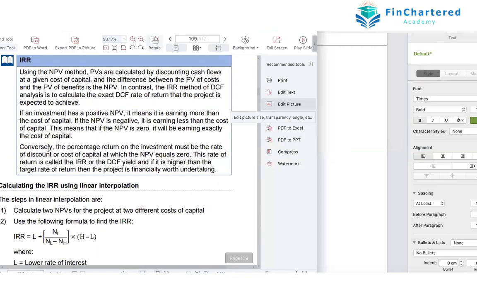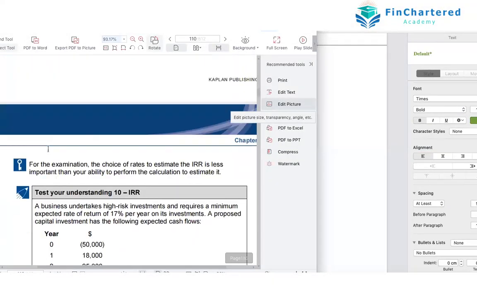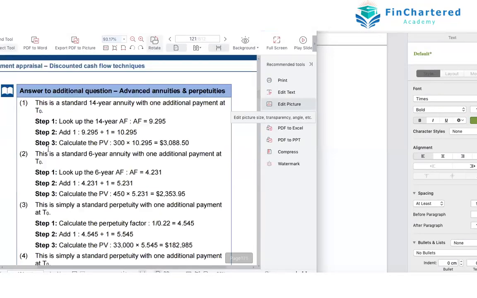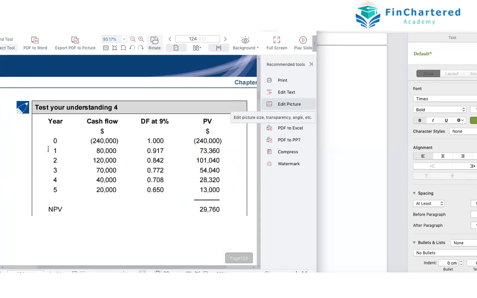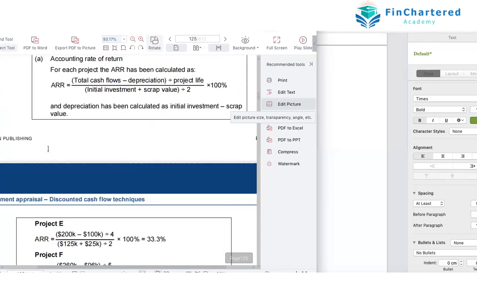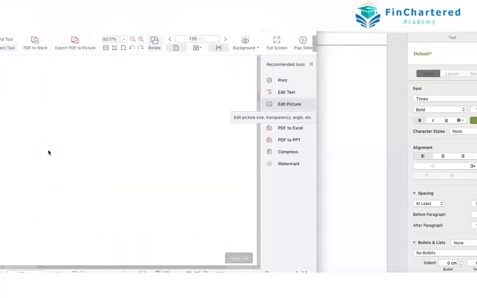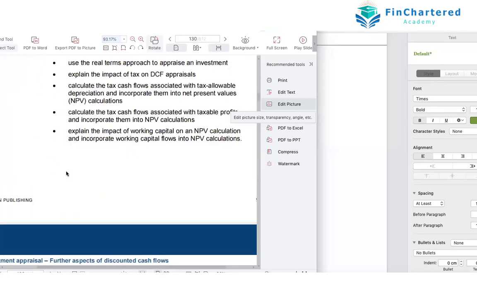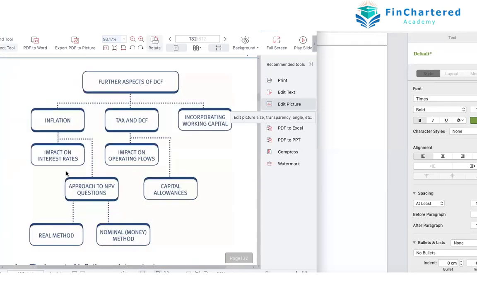Now, technically speaking, unfortunately, we're starting today's class only now. We're moving to the fourth chapter, which is on investment appraisal, further aspects of discounted cash flows. And what does this say?